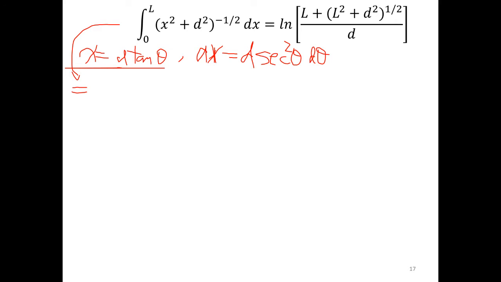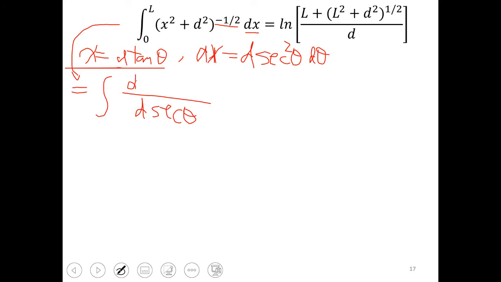Then we take the square root and invert, so it becomes cosine theta, or d secant theta in the denominator. And in the numerator we have dx, so it becomes d secant squared theta d theta.